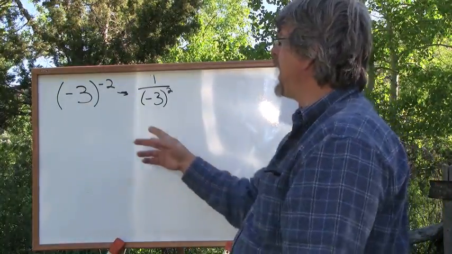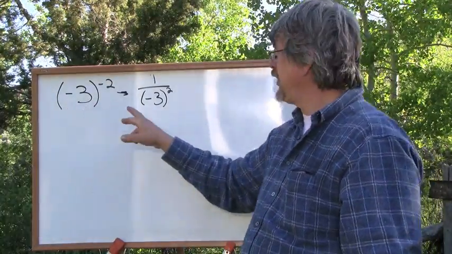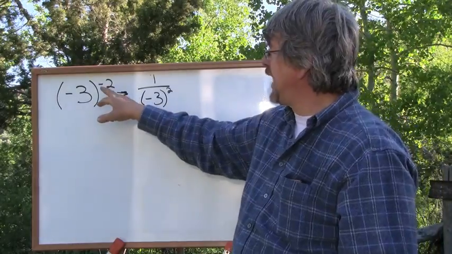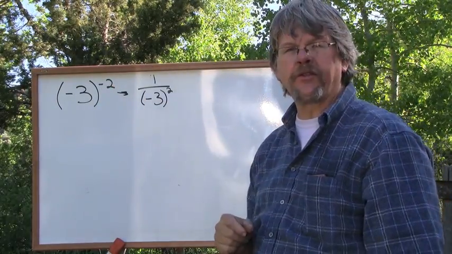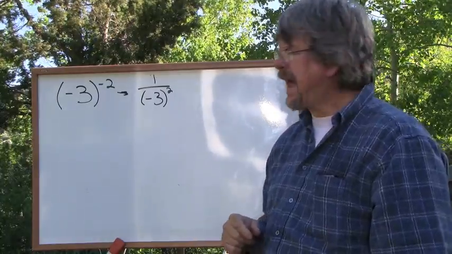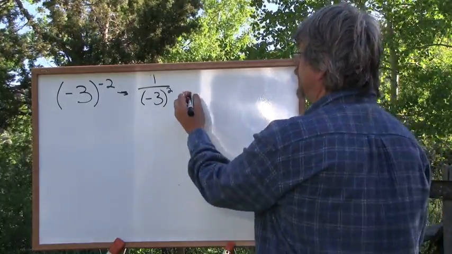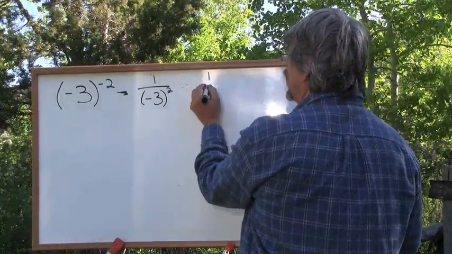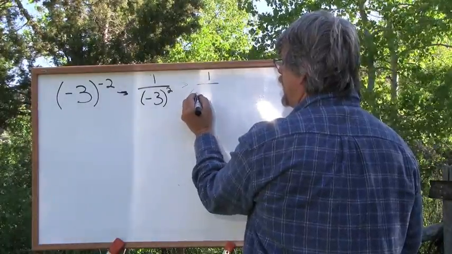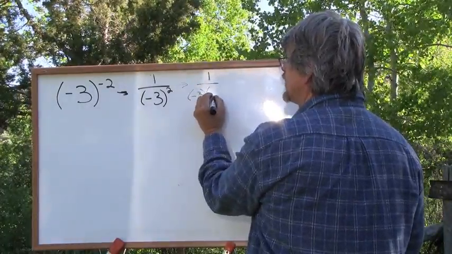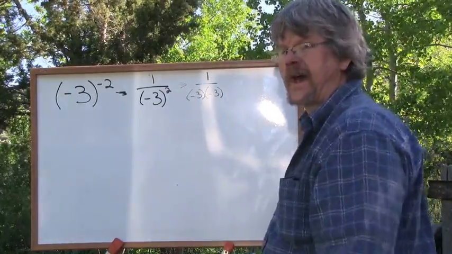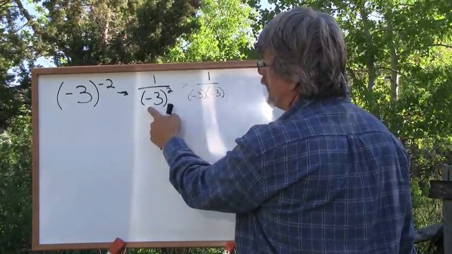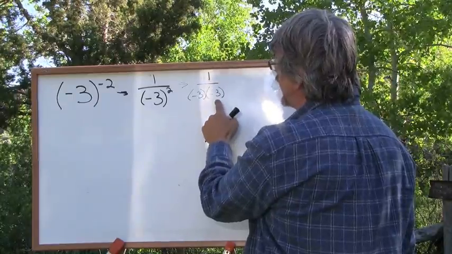It's not the negative number that changes its sign, it's the exponent that changes its sign when we put it into the fraction. So now this is equivalent to saying 1 over negative 3 times negative 3, right? You have 2 negative 3's to multiply together.